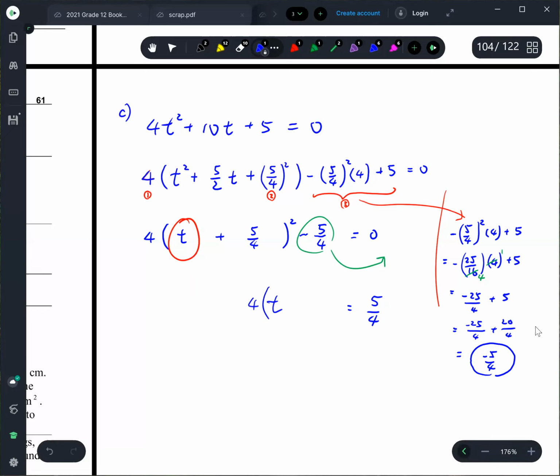Can you say out the whole thing? Yeah, 4 bracket t bracket squared. Well, there's a plus 5 over 4, right? Yeah, and there's a square. Okay, I see how it works now. Keep going. What's the next thing we want to move over?